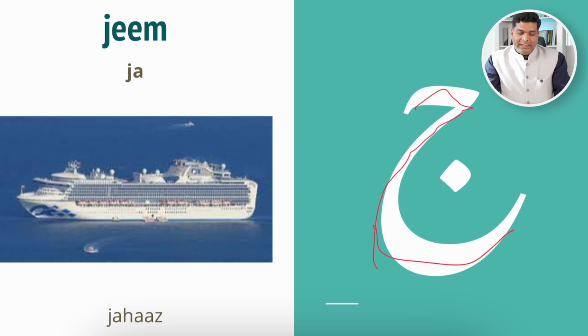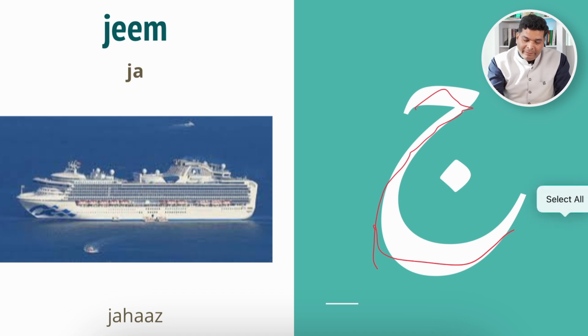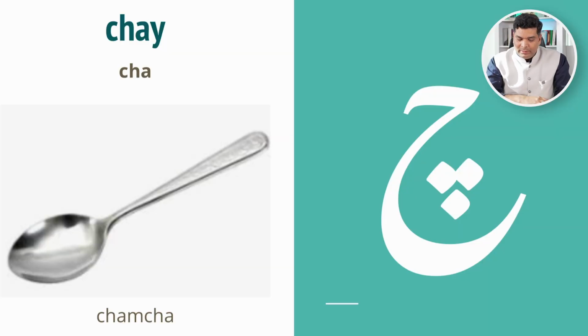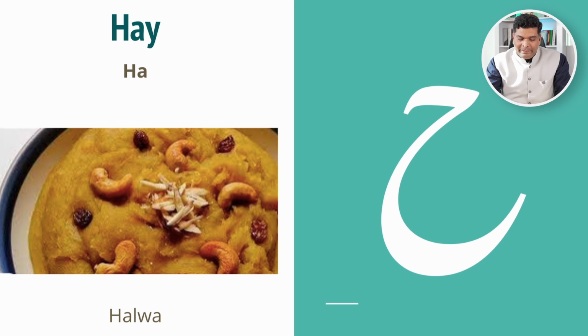Again, there are multiple such letters that we will find in the Jim family. You have Jim. The next one is called Che. The sound is Cha, and the word could be Chamcha, for example. Similarly, you have another one called He.